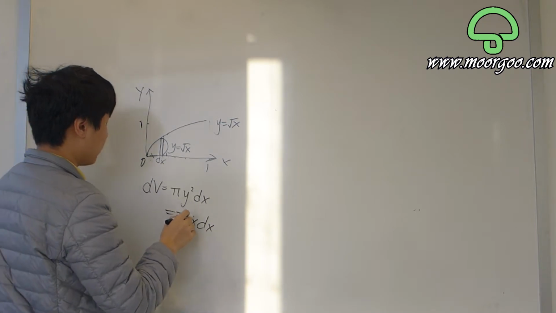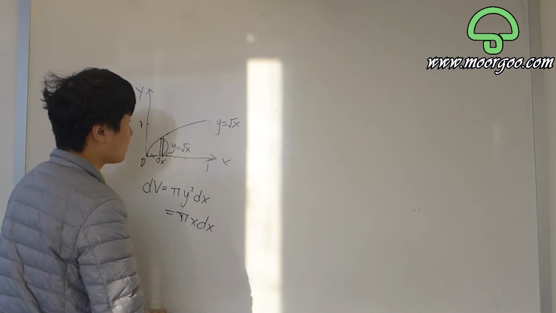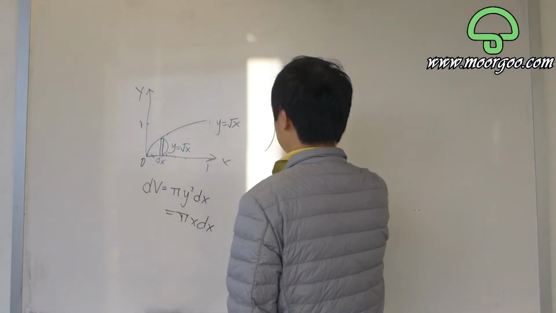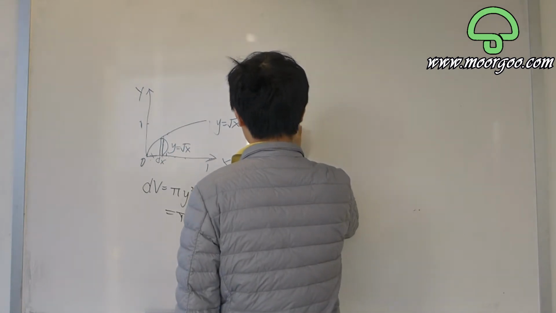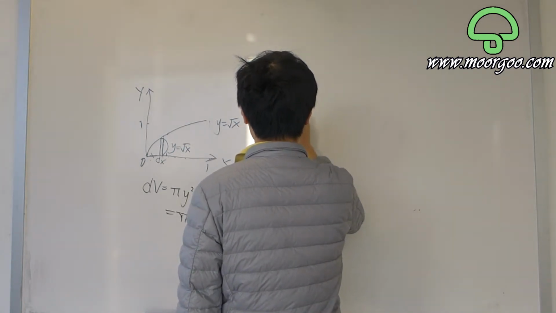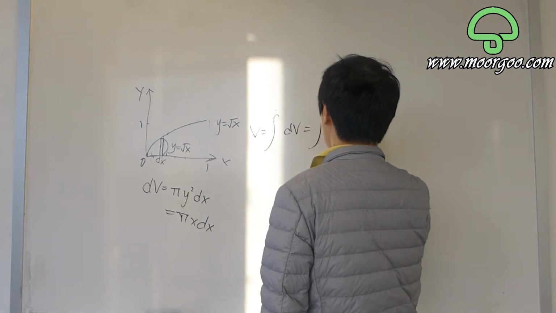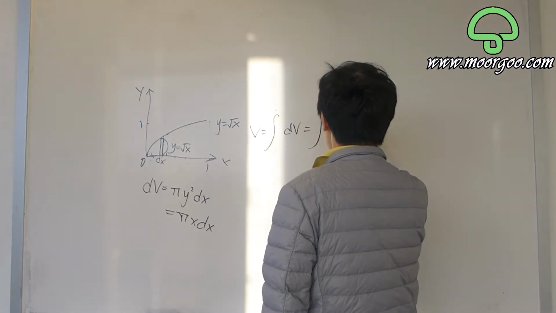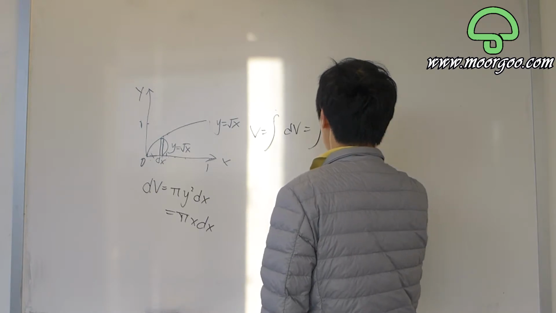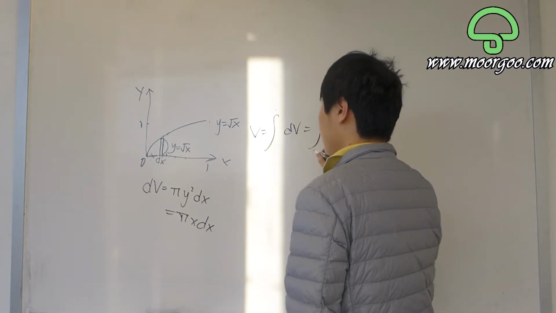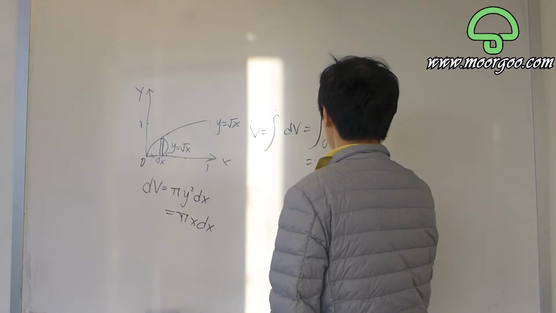In this case, y squared is equal to x. So the volume is the integral of dV, which in turn is pi x dx from 0 to 1.